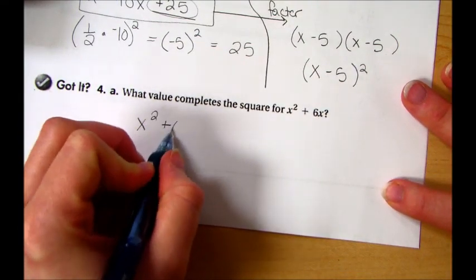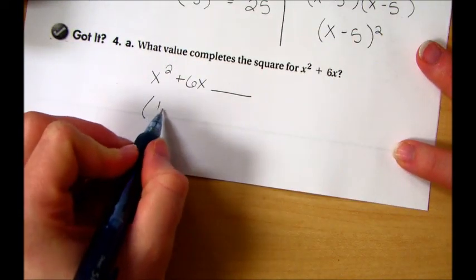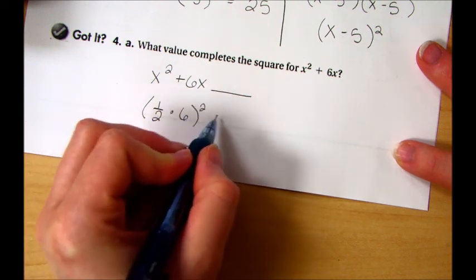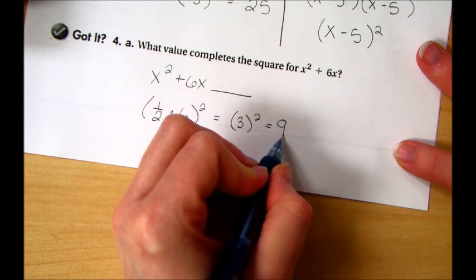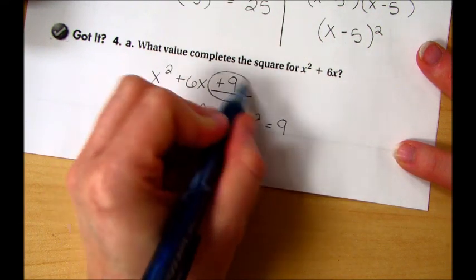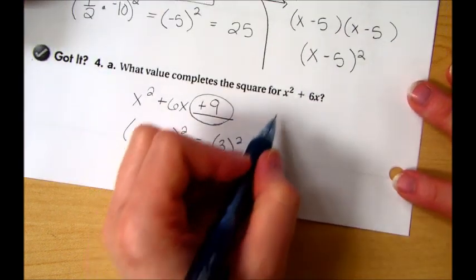Let's try that one more time. X squared plus 6x and what value? Follow my steps. You do 1/2 times 6, the middle value, and you're going to square it. So that ends up being 3 squared, which is 9. 9 is the magic number that you have to add here in order to have a perfect square. So why is it a perfect square?